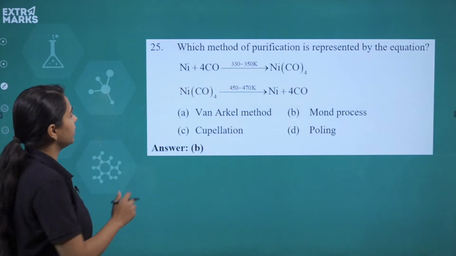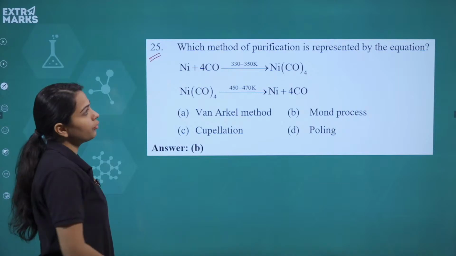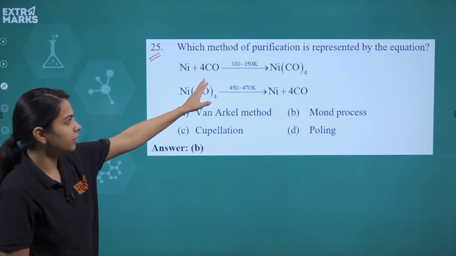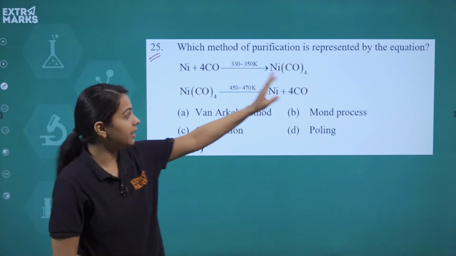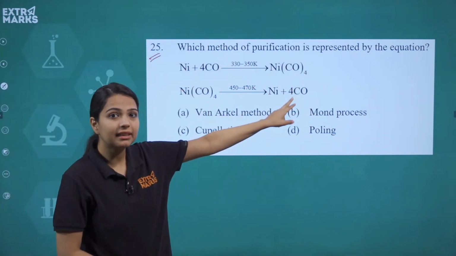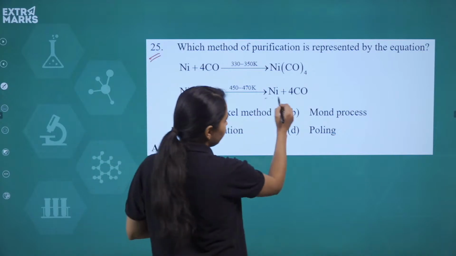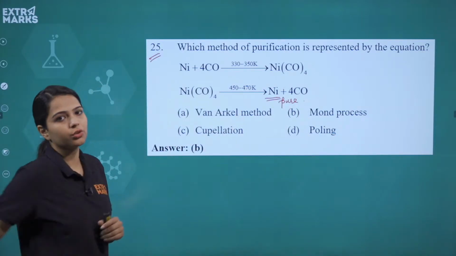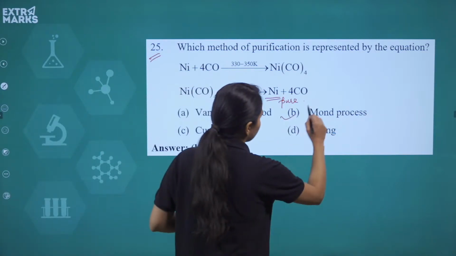Moving next, 25. Which method of purification is represented by the equations below? Nickel with carbon monoxide will form nickel tetracarbonyl, and this will form nickel plus CO. The nickel formed here is basically pure. So the name of this process is Mond's process, option B.